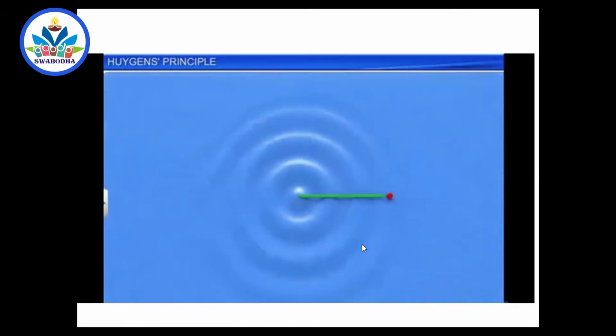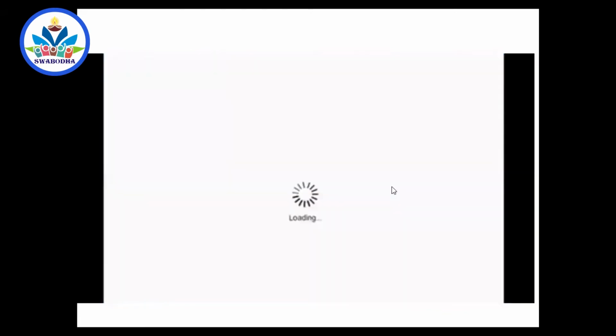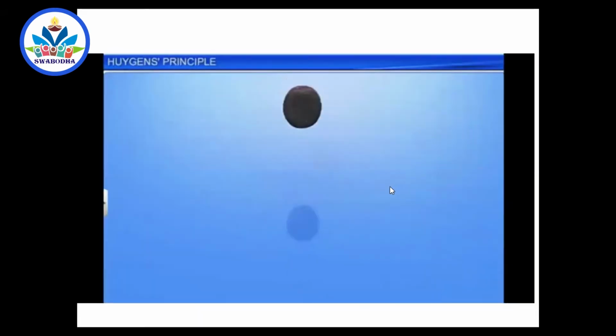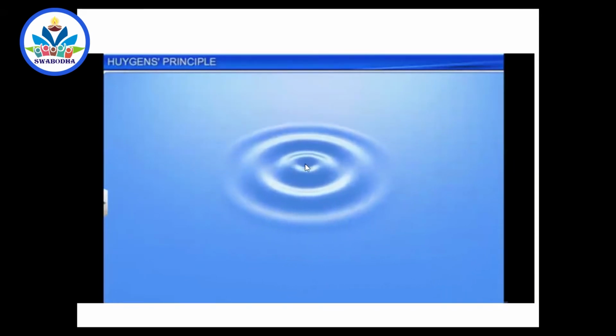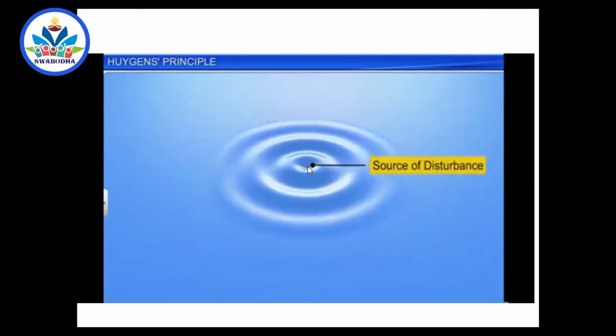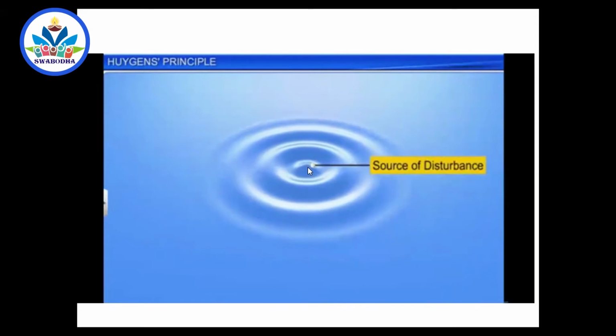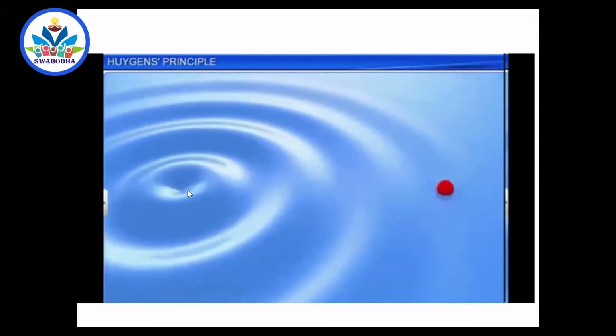So now if you consider a particle at a particular point, then you will find that from the source, from the point where you drop the stone, the ripples will be produced. This is the source of waves, water ripples, and this is the source of disturbance, and ripples move away from this point source of disturbance.